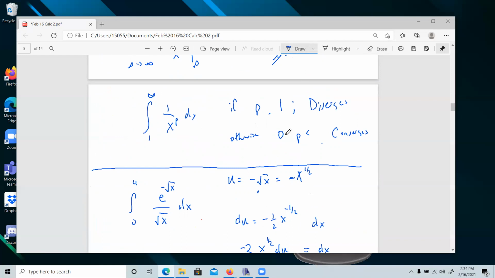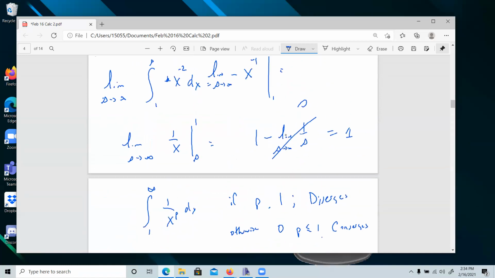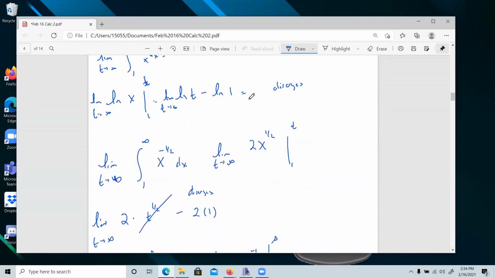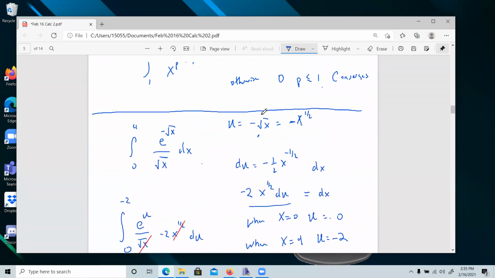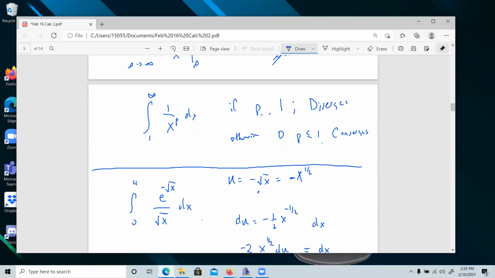When p was a half, we diverged. I got that backwards. It's greater than 1. If p is greater than 1, then it converges.